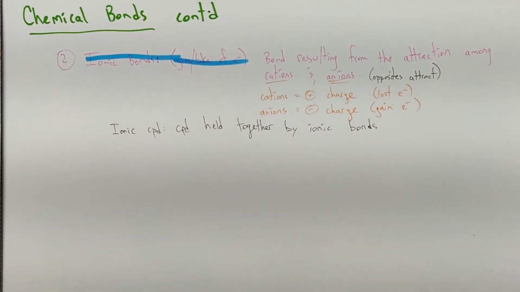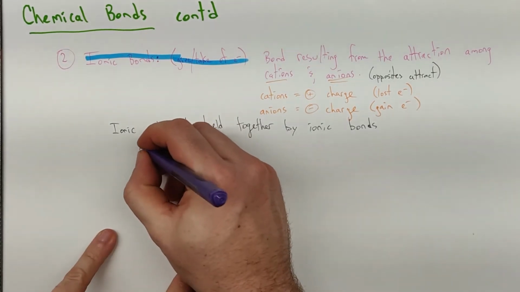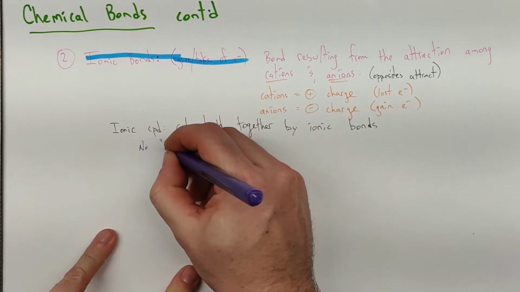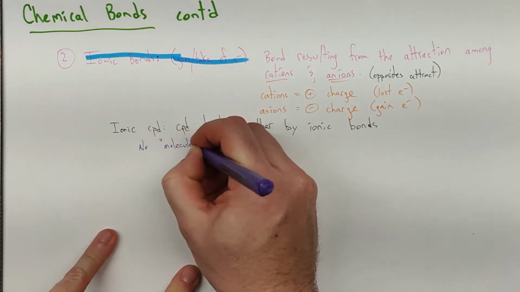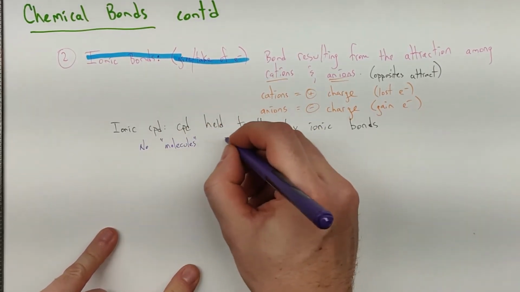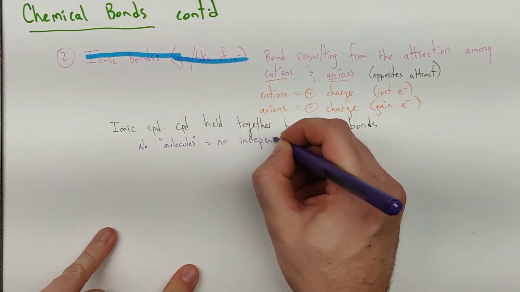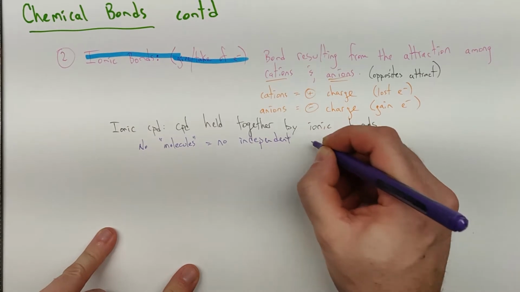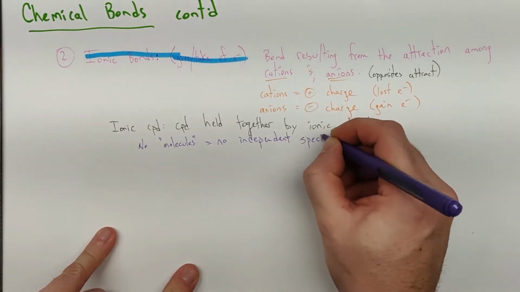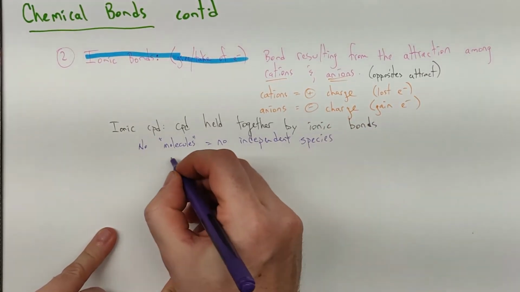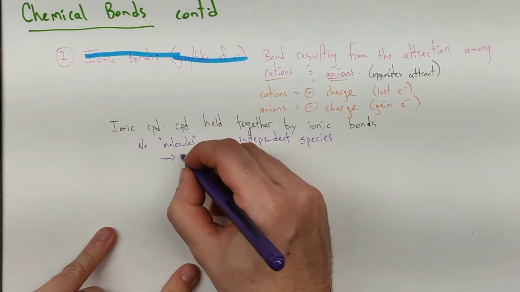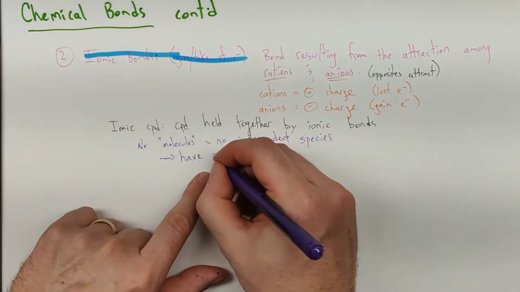So we don't talk about molecules, right? So there are no molecules, no independent species, no independent thing, right? What we actually have is a crystal lattice.